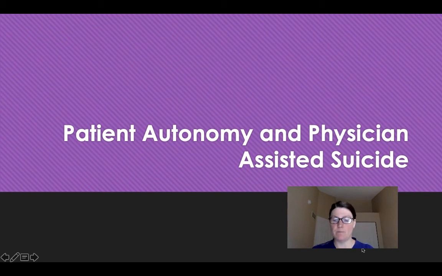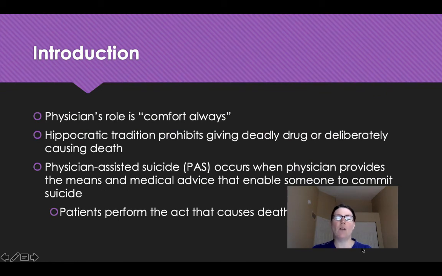Okay, one last section. Patient autonomy, physician-assisted suicide. I think this is chapter 11. We've already talked a bit about autonomy, but probably the bigger part of this section is physician-assisted suicide. Generally, the physician's role is really to care for patients, make them well, and to provide comfort always. If you look at the Hippocratic Oath, it's going to actually prohibit giving a deadly drug or deliberately causing someone's death.